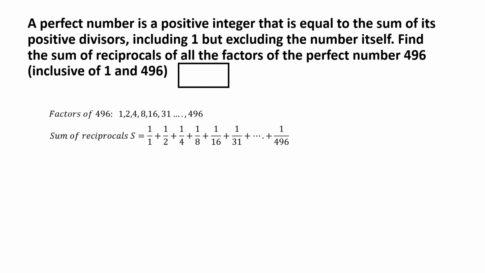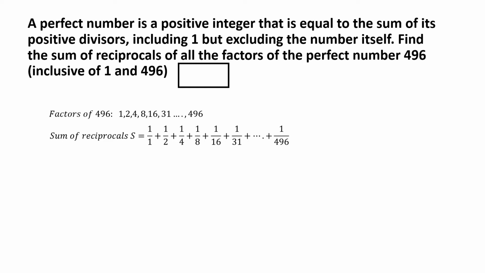And again, I want to point out that looking at the first few terms, like 1 and 1/2 and 1/4 and 1/8, it seems like there's a pattern, but there isn't, because you have terms like 1 by 31 in there, which breaks the pattern of 1, 2, 4, 8, 16. So this is not necessarily going to be a GP series of 1/2, 1/4, 1/8, 1/16, because we have a 1 by 31 term.